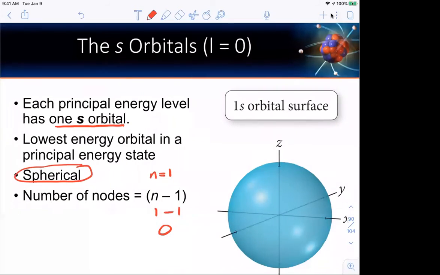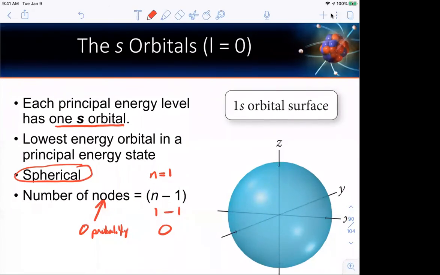So there is no place in this volume that the electron cannot be found, because when I have a node, I have 0 probability. Or actually, I don't want to write that there. I want to say when I have a node, I have 0 probability.